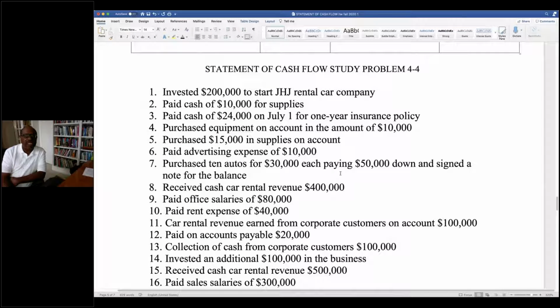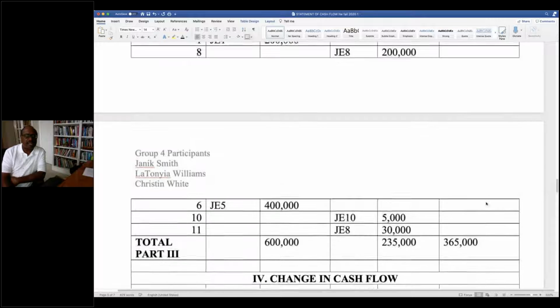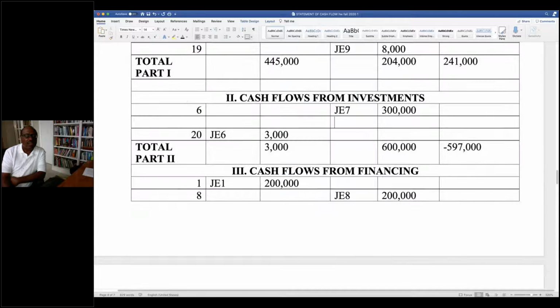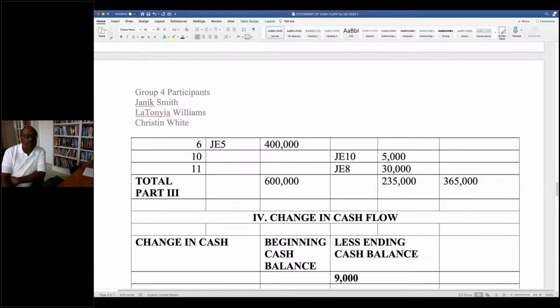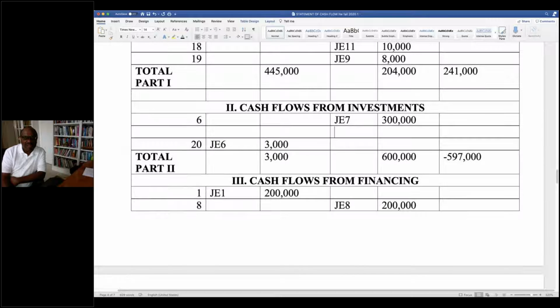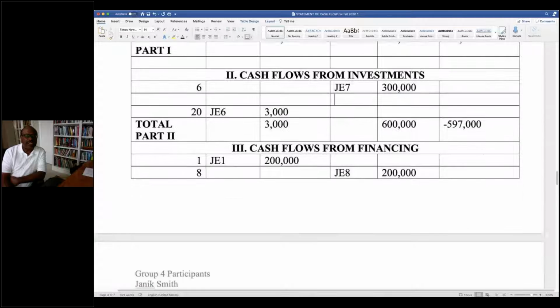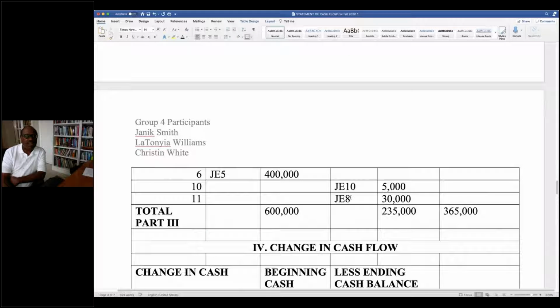And we paid 50,000 down and signed a note for the balance. So that's journal entry 6. Seems like this would be 350.